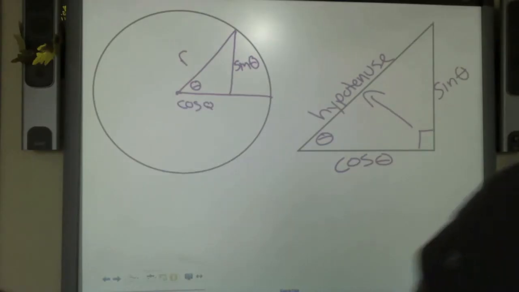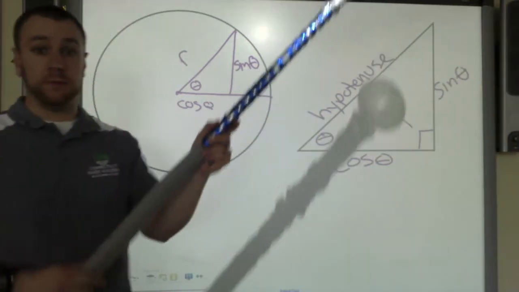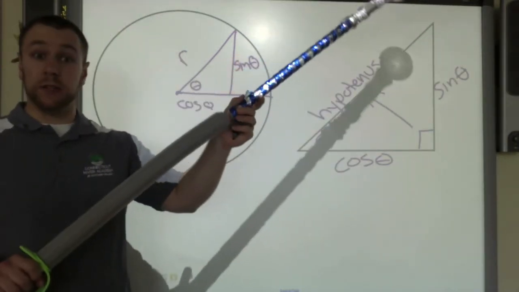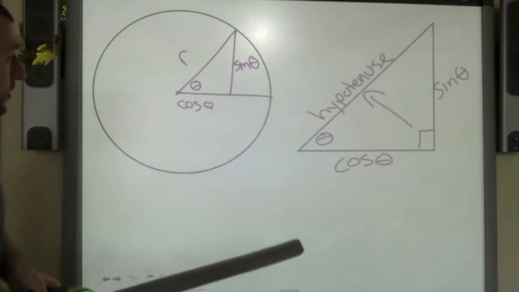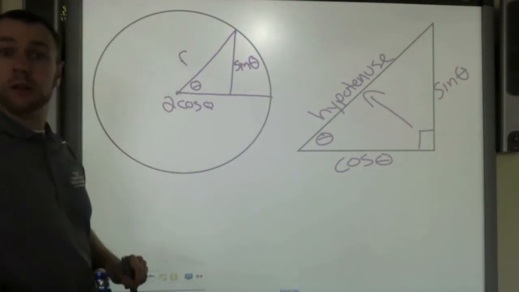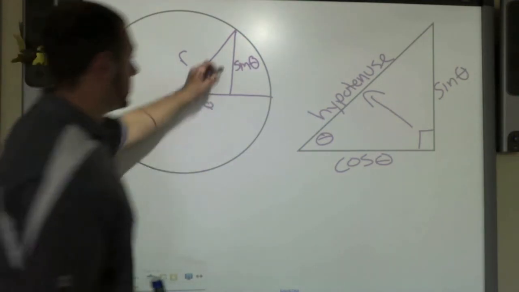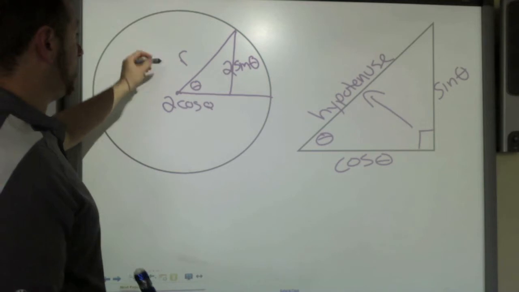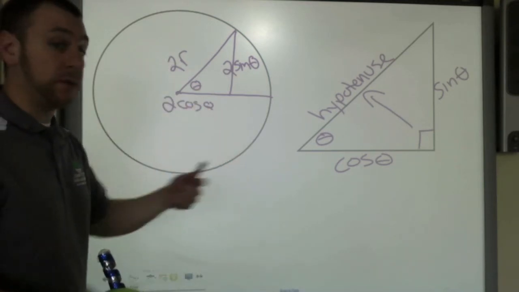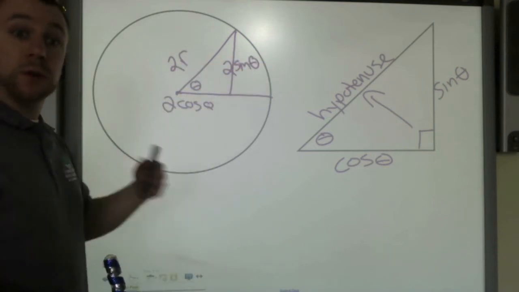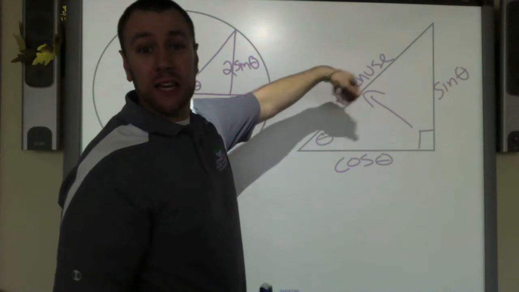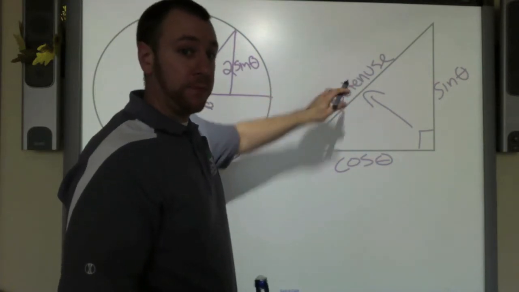But is my hypotenuse always 1? It's not always 1. But using similar triangles, I know that even if this radius grows to twice as long, okay, I add a radius and then a radius, then this cosine value, all it does is it doubles. And this doubles. If this is 2 radiuses long.